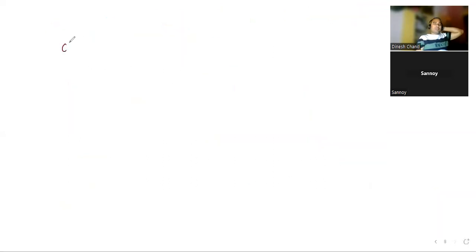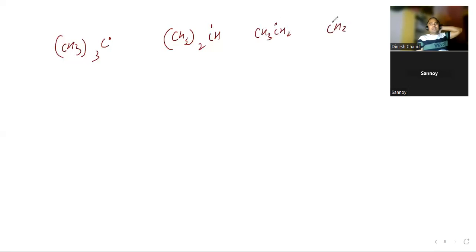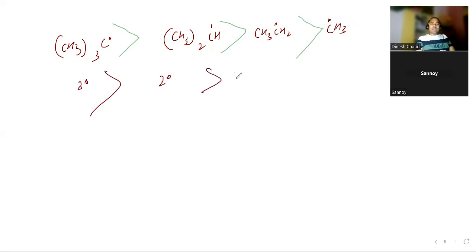So what will be the stability order for the free radical? (CH3)3C dot, (CH3)2CH dot, CH3CH2 dot, and CH3 dot, which is more stable? What will be the order? Okay, 3 degree is more stable, then 2 degree, then 1 degree, then methyl free radical.